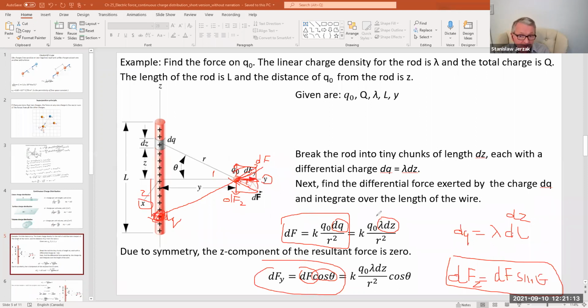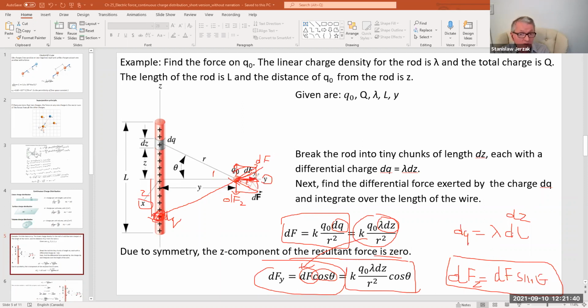And because df is given by this expression, I substituted for df, and I got that dfy is given by this expression, k q0 lambda dz divided by r squared, cosine theta.